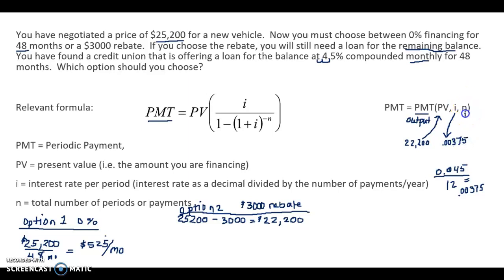The last input that I have is N, the total number of periods or payments, and up here we see that it is for 48 months, so we're going to put in 48.